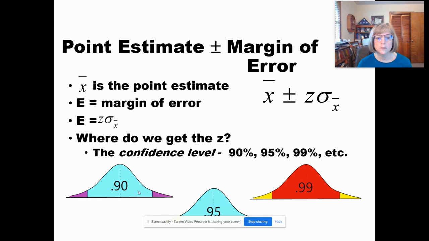So each tail contains 5% of our area, or 0.05. That 0.05 is what we use to find our z-score. So we'd use inverse norm, or we'd use the normal distribution dot inverse CDF on Desmos. We've got something similar going on with the 95% confidence interval and the 99% confidence interval. Those percentages come out of the middle, and to find z, we need to know how much area is left over in these tails.